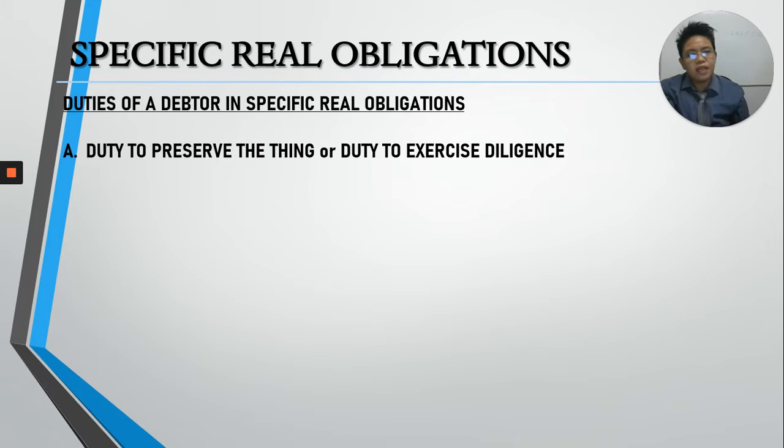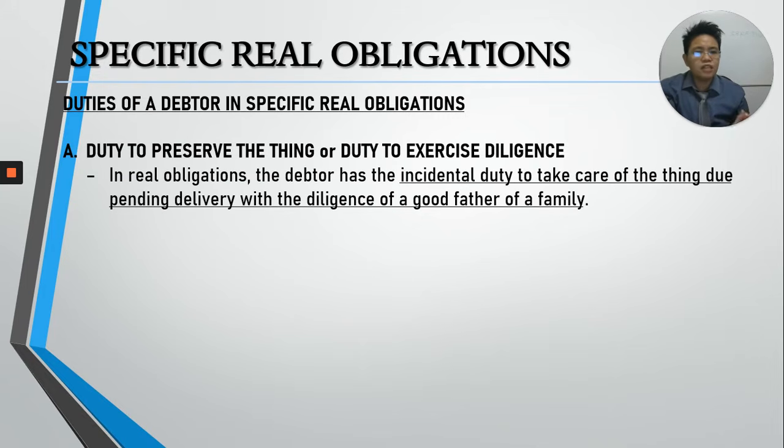Number 1, the debtor has a duty to preserve the object and to exercise diligence. Now, what kind of diligence must be exercised? Yung diligence of a good father of a family. So, yun yung diligence which is required by prudent persons.